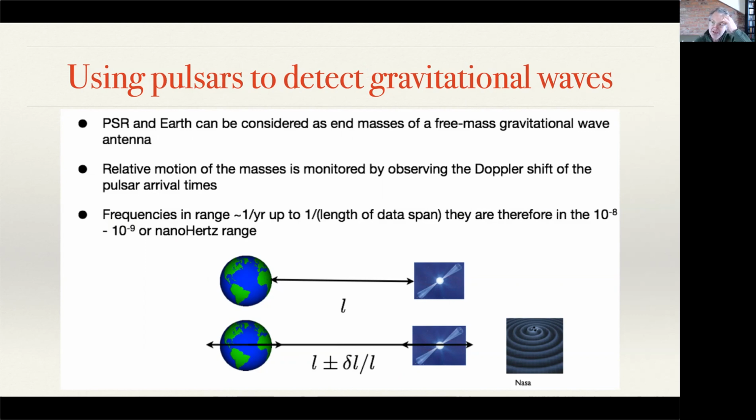For the pulsar case, instead of using the mirrors and the lasers, what we have is a pulsar, and we have a telescope on Earth, or many telescopes. In fact, we use many telescopes, and we in fact use many pulsars. But let's consider now just a pulsar and the Earth for now.